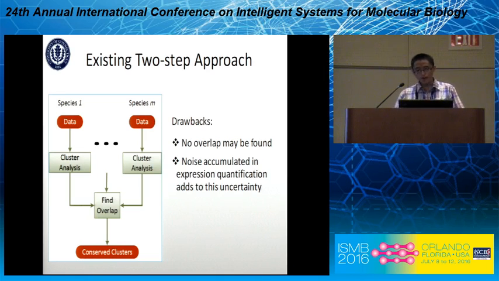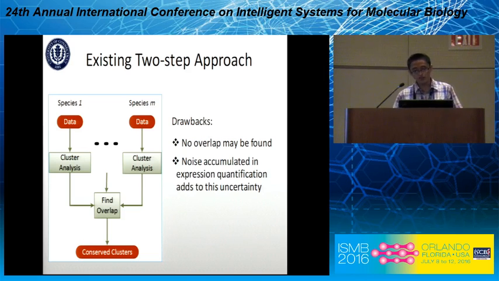The major drawback is that, as we all know, cluster analysis is unsupervised. So we may not find considerable overlap among the clusters resulting from individual cluster analysis. Also, potential noise accumulated in the expression quantification process may add to this uncertainty.